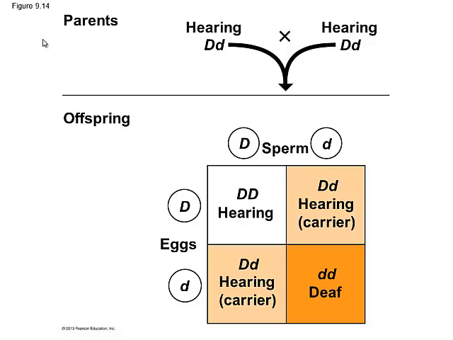The other 3 are going to be hearing. Correct. So 3-to-1 phenotype for this. But it's 1-to-2-to-1 for genotype. So 1 homozygous dominant, 2 heterozygous, and 1 recessive.